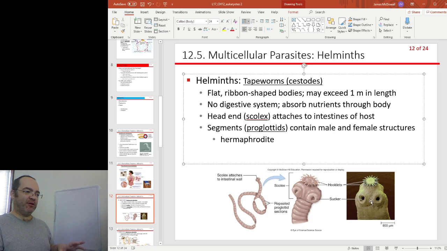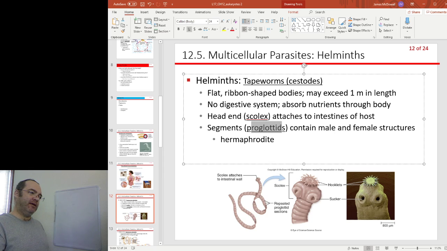These are attachment mechanisms. So they attach themselves. The head attaches itself in your small intestine, and then the rest of the worm, all of these proglottid sections, just kind of hang, and through that process they are just absorbing nutrients.